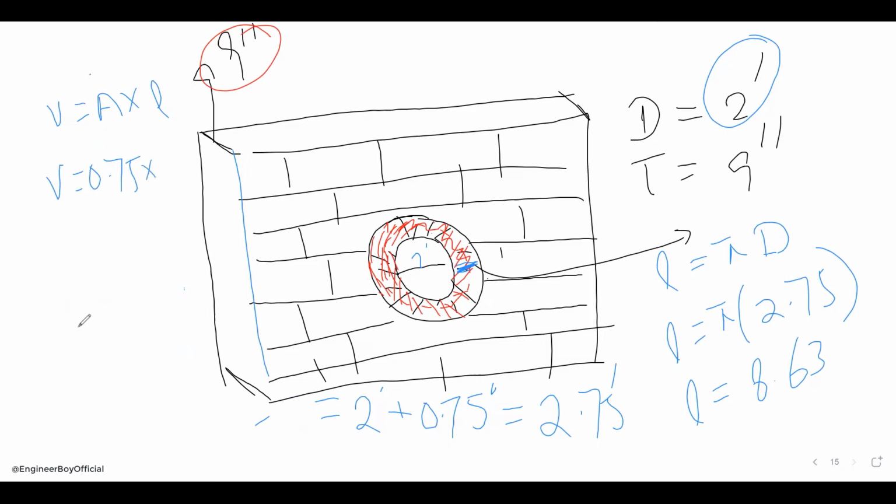The width or breadth of the same arch is also 9 inches, so multiply that with 0.75 again. Now times the length, and that is just 8.63. Very simple. And if I'm not wrong, the volume should be 4.85 CFT. That's very simple.